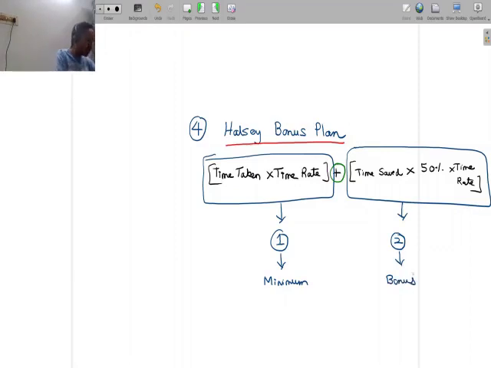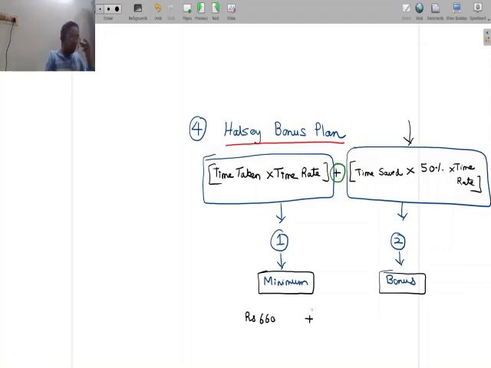If someone asks you what is the total wages that a worker would earn using the Halsey bonus plan, then you would say 1 plus 2. But if someone asks you what is the bonus alone, then you say just the second component. So time taken into time rate we know is 660, but time saved into 50% of the time rate, this is how the bonus is calculated for the second component.